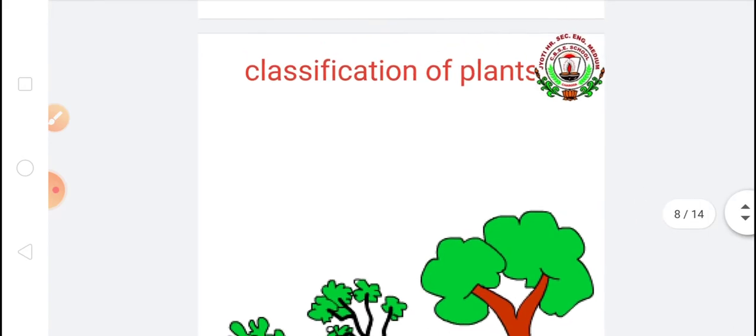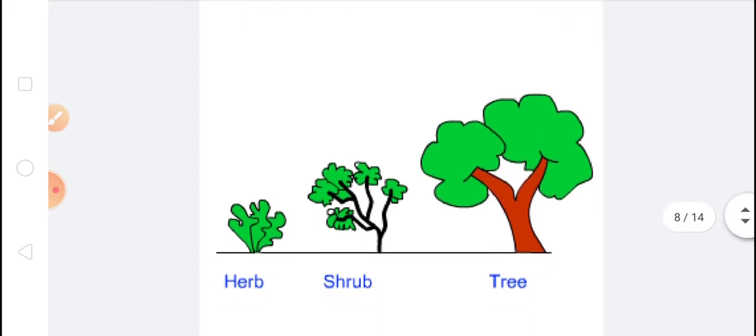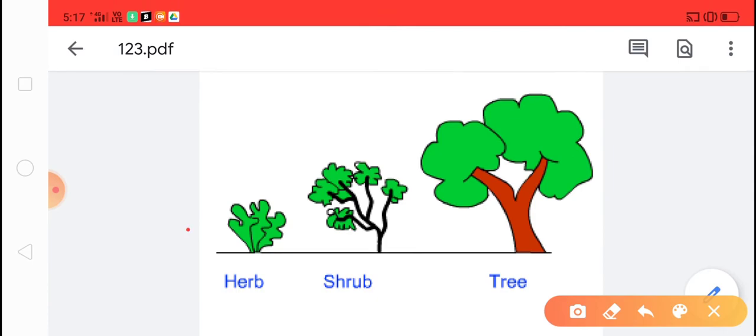Let's have a recap. We have studied in the lesson that we classified plants into three different groups, herb, shrub and trees, on the basis of their height and nature of their stem.